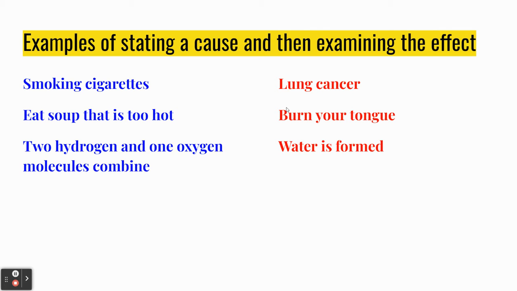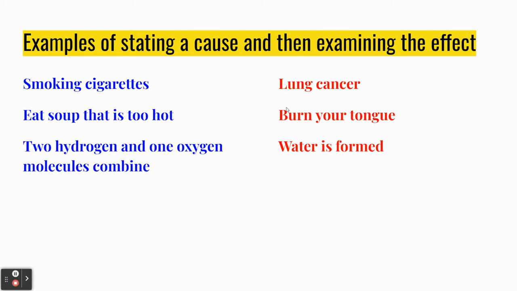If you eat soup that is too hot, you burn your tongue. And if you combine two hydrogen and one oxygen molecules, you form water. Cause, smoking cigarettes. Effect, lung cancer. Hot soup, burnt tongue. Cause and effect.